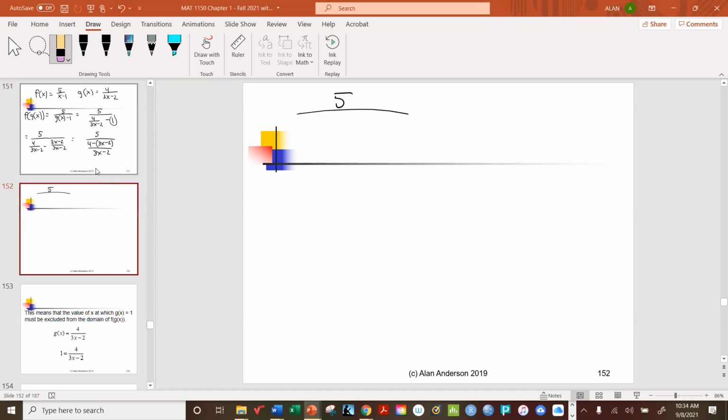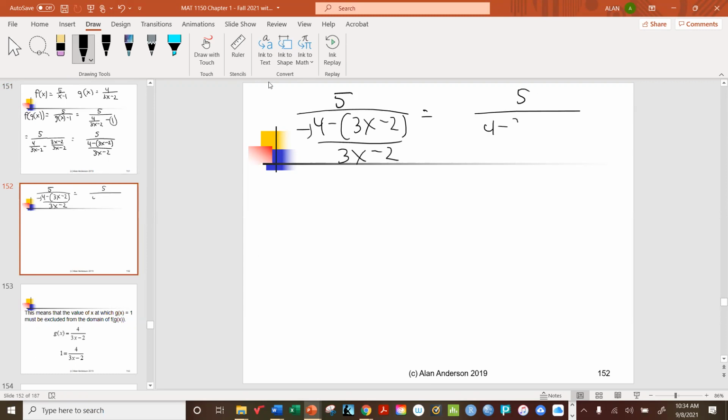So let me just quickly copy that down again. We have 5 over 4 minus (3x minus 2), all divided by 3x minus 2. So what I want to do is evaluate this numerator down here as (4 minus 3x plus 2) over 3x minus 2.